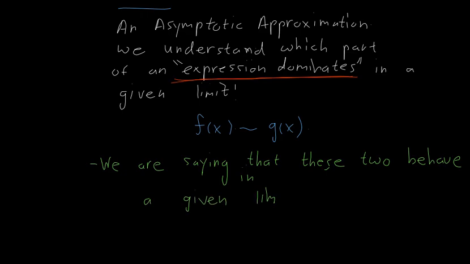Okay, that's what it means to be asymptotic. Asymptotic means we're saying these two functions behave in a given limit the same way. Make sure that soaks in. I don't want to rush anyone watching this. That's what it means to be asymptotic.